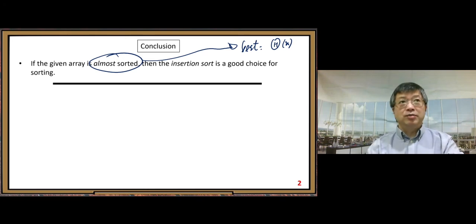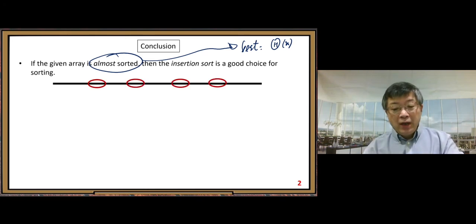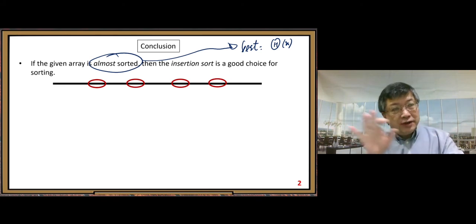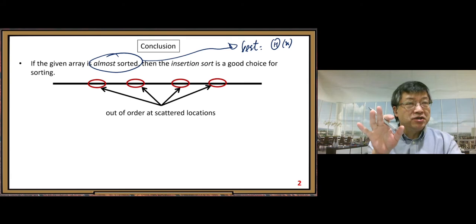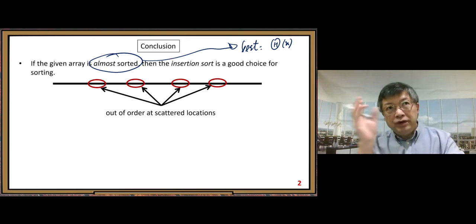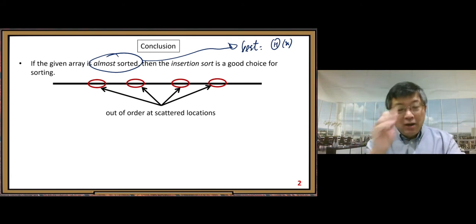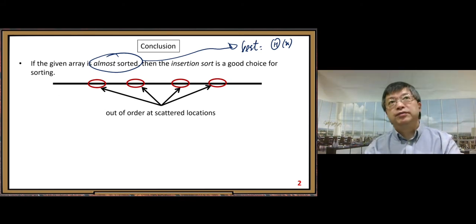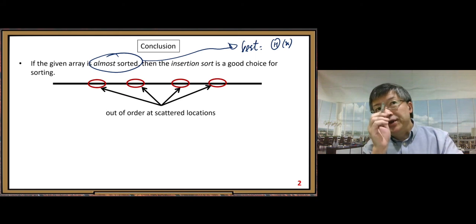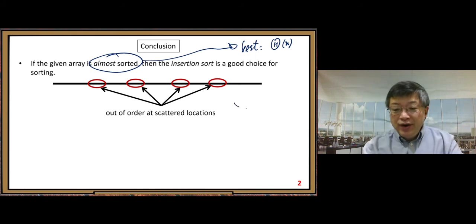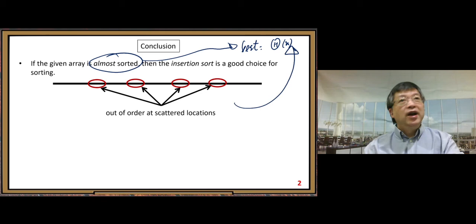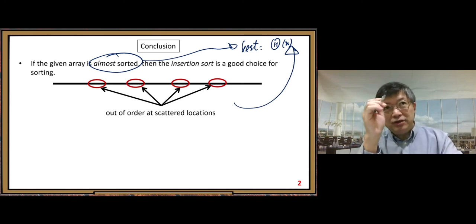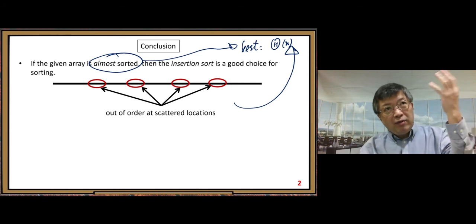Let me draw a diagram. Suppose this is a given array. There are some scattered locations with elements out of order, not sorted, but all the remaining parts are already sorted. Do you think it is pretty close to the best case? If we apply insertion sort, let's imagine the procedure.